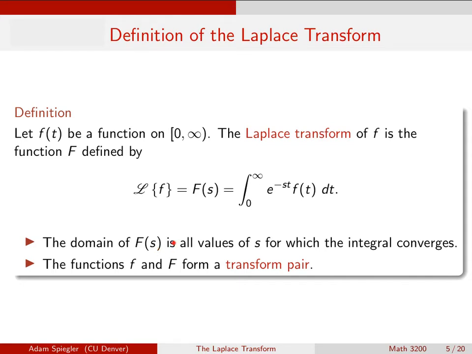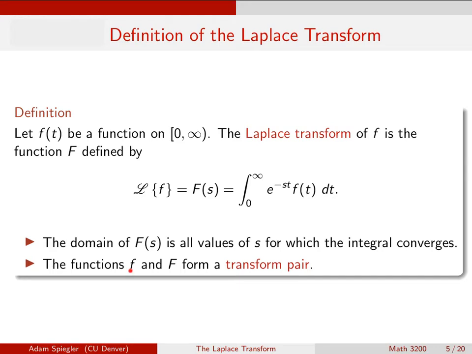And so the resulting domain of the Laplace transform is going to be all values of s for which this integral converges. There might be some values of s where the integral converges, there might be some where it diverges. So we're going to define F only on the interval of s values for which this integral converges.